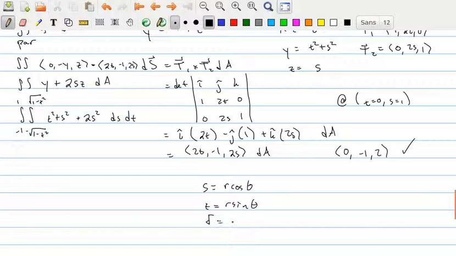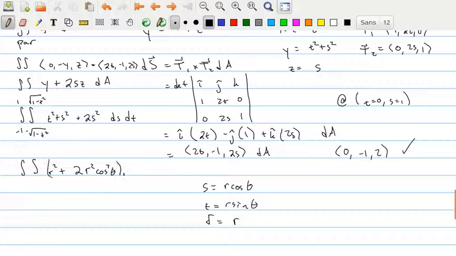Then our Jacobian will be r. So if we write this out, this gives us, well, t squared plus s squared, that's s squared plus t squared, gives us r squared, plus 2. Now, s is given by r cosine theta, so this gives us 2r squared cosine squared theta.